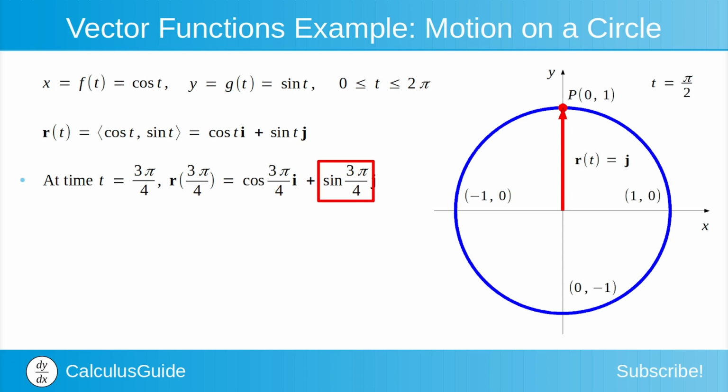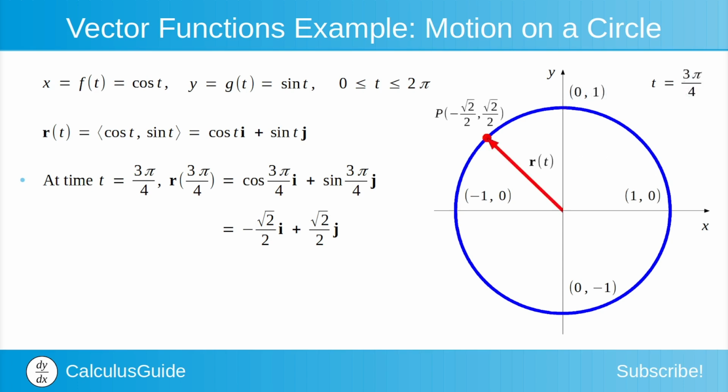So cos 3 pi over 4 i plus sine 3 pi over 4 j is equal to minus the square root of 2 over 2 i plus the square root of 2 over 2 j. This vector is now shown to the right. It's a position vector extending from the origin to the particle's position P at point minus the square root of 2 over 2, the square root of 2 over 2.